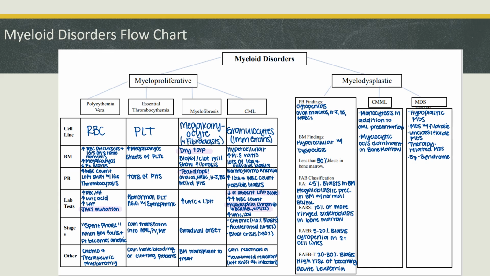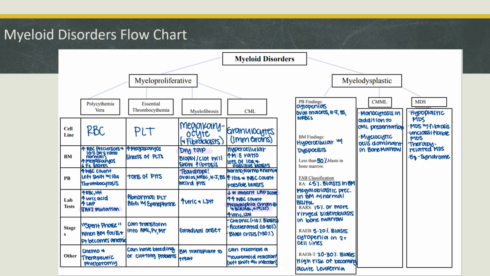Polycythemia vera is not the only myeloproliferative disorder associated with the JAK2 mutation, but it is the one that I always remember because it hijacks the need for erythropoietin. That JAK2 mutation has hijacked erythropoiesis, or hematopoiesis really, in the absence of erythropoietin.